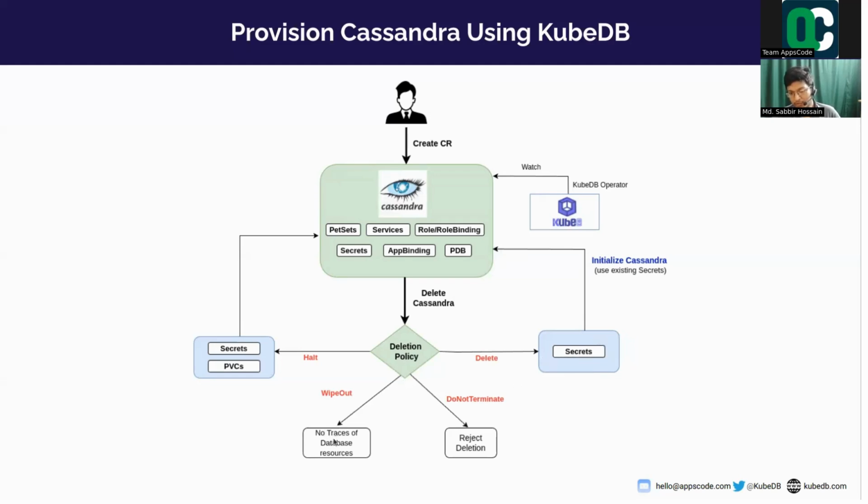Another is wipe out. This deletes everything, including PVC, secrets, and so on. Another is do not terminate, which rejects the deletion. So when do not terminate is used, then the database will not get deleted.